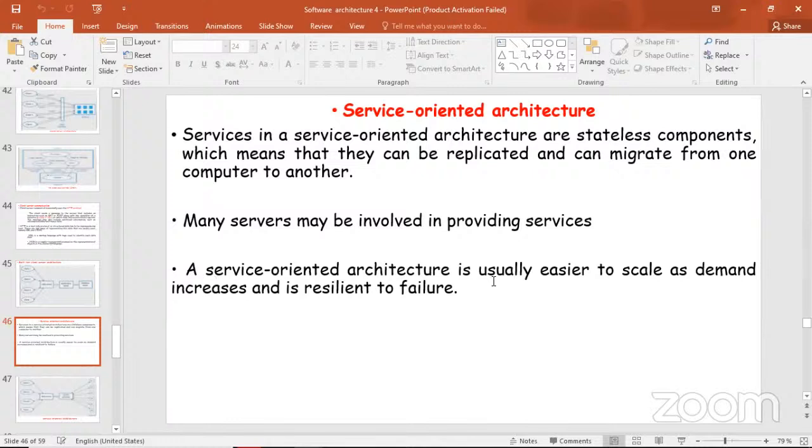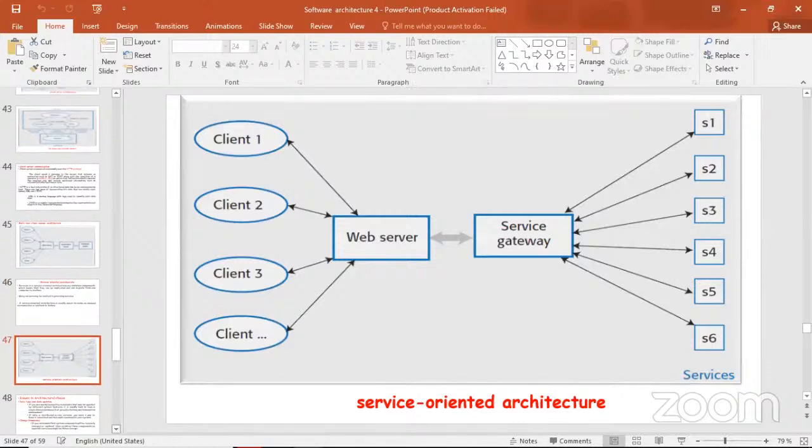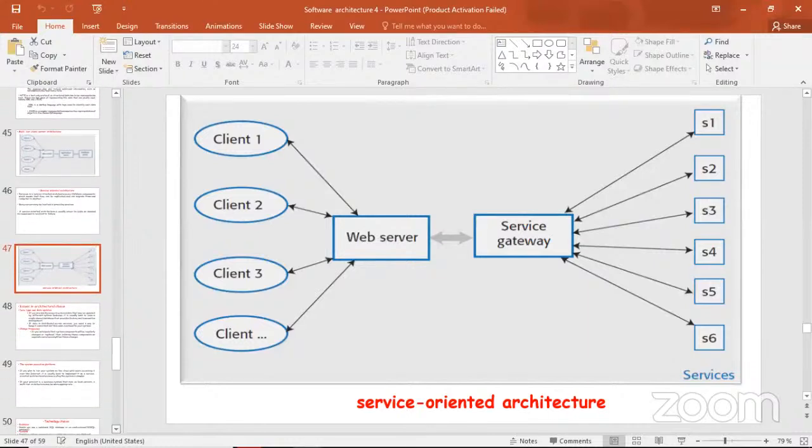A service-oriented architecture scales as demand increases and is resilient to failure. So these are the clients, the web server, the service gateway, and the services provided. In the next chapter, we are going to be looking at cloud services and some of the classes of services that can be provided.